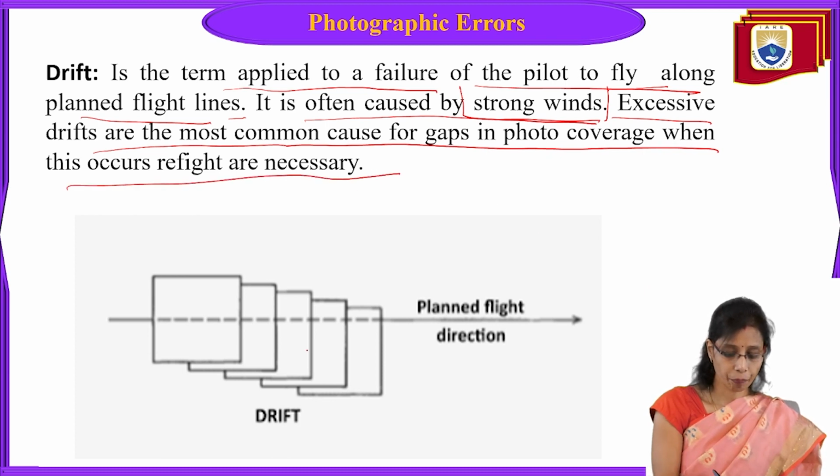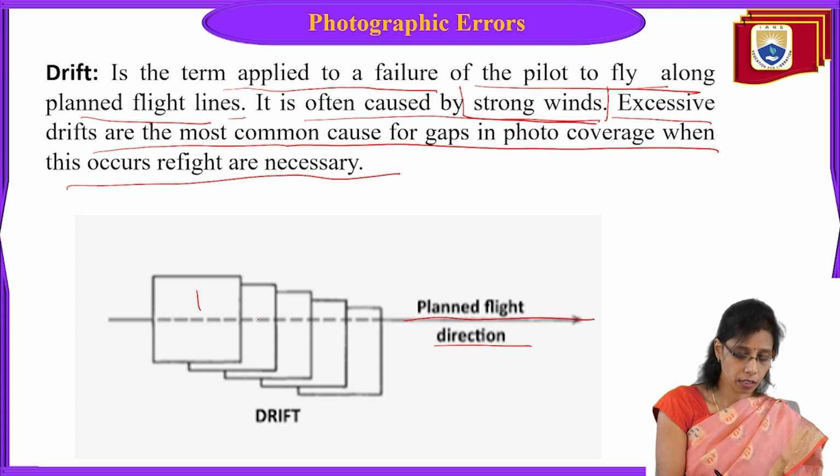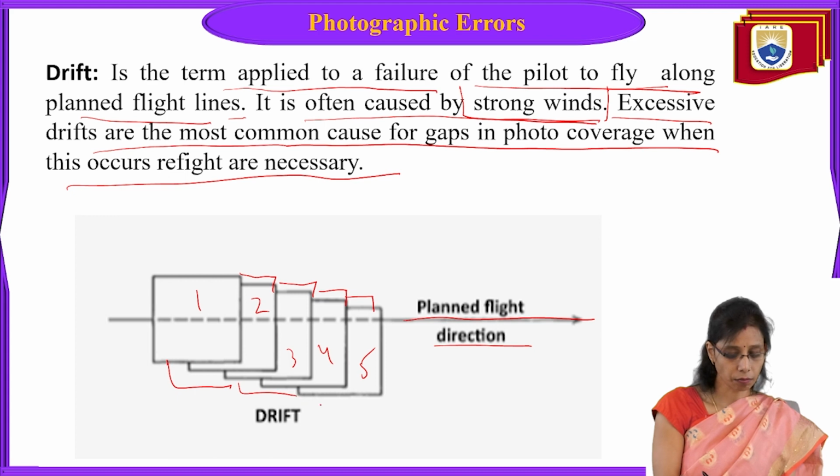Now see, this is the actual flight line direction and drift. What happens? See here, photo 1 is here, photo 2 is here, 3, 4, 5. So this area is unmapped, this area is unmapped, and this one too. A lot of area is not covered.